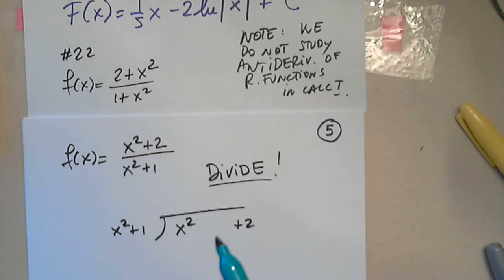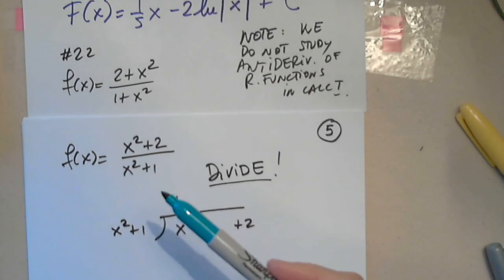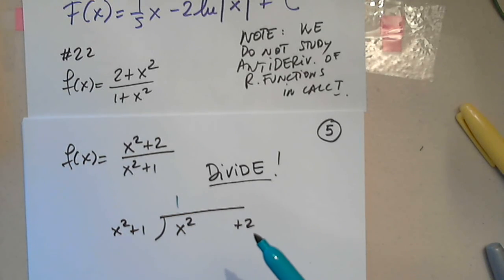So x squared times 1 is x squared, so it's 1. We know how to divide; we reviewed it in finding the slant asymptote anyway. 1 times x squared is x squared, subtract. 1 times 1 is 1, subtract.